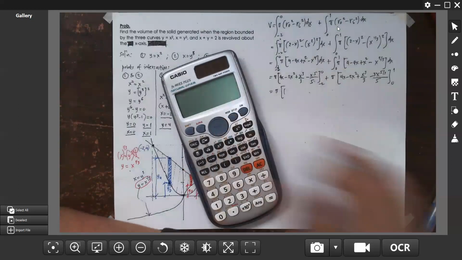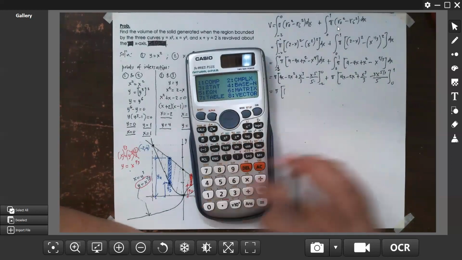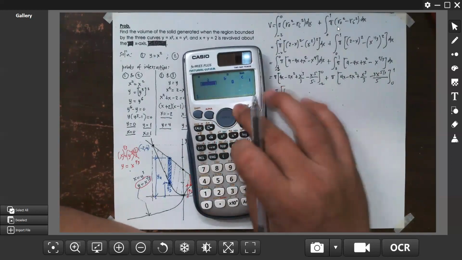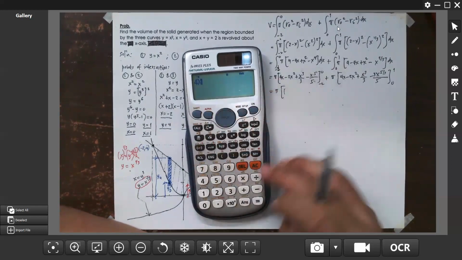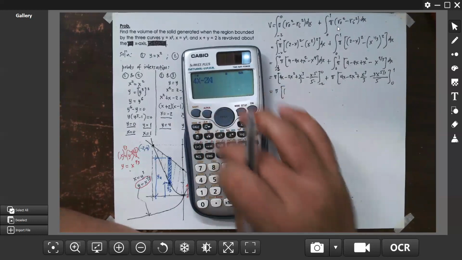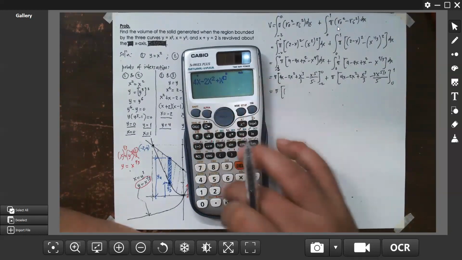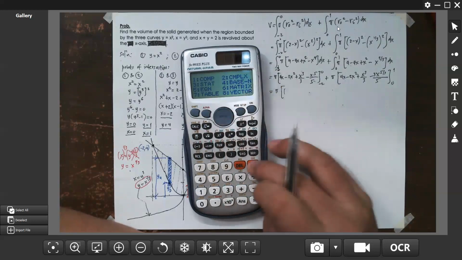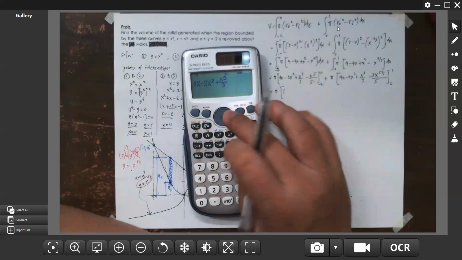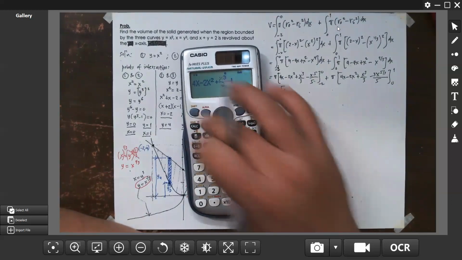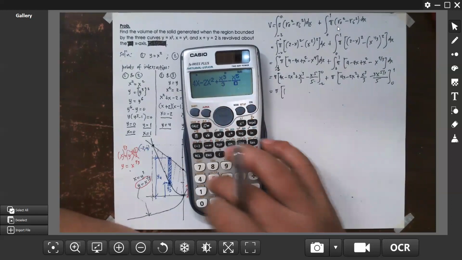Let's use the calculator. Let's just calculate the function. 4x minus 2x squared plus x cubed over 3 minus x raised to 5 over 5.